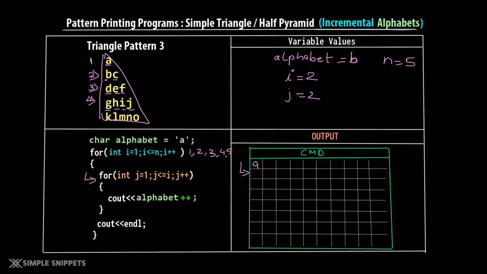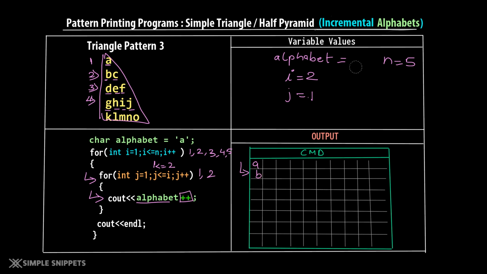So when you go inside the second for loop, you're saying int j equals to 1. So you are again starting the for loop. And this time j has to be less than or equal to i. So 1 has to be less than or equal to 2 this time because i is 2. So this inner for loop will run 2 times and it will take values 1 and 2. And now you're going to print 2 times alphabet plus plus. So for the first time, the value of alphabet is B. B is printed, then plus plus happens.